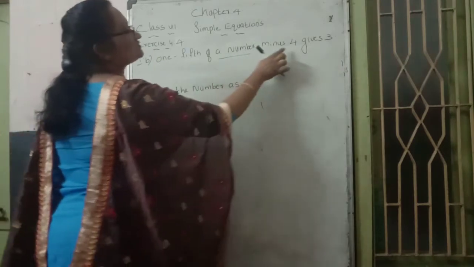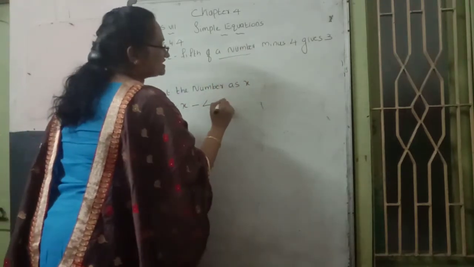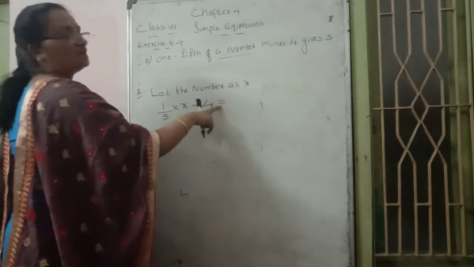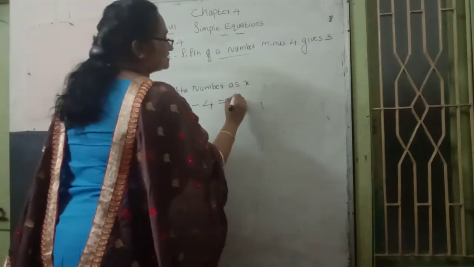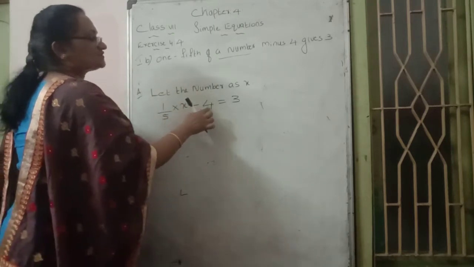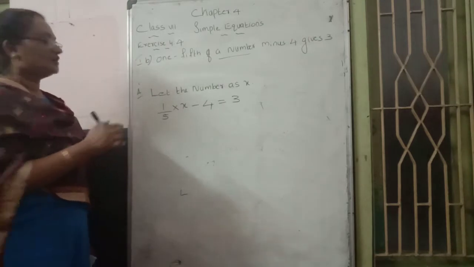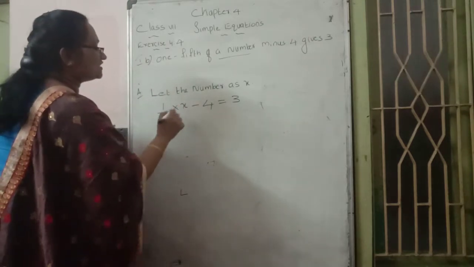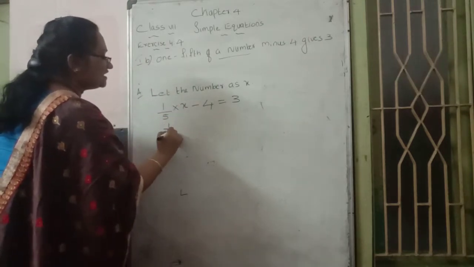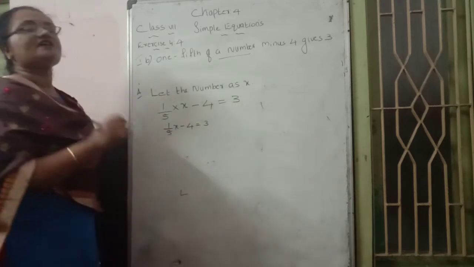Minus, so minus which number? 4, minus 4. Gives means a result, so we put an equal symbol. Which number? 3. So 1/5 of a number minus 4 gives 3. So clearly write 1/5 into x: 1/5 x minus 4 equal 3 is our equation.